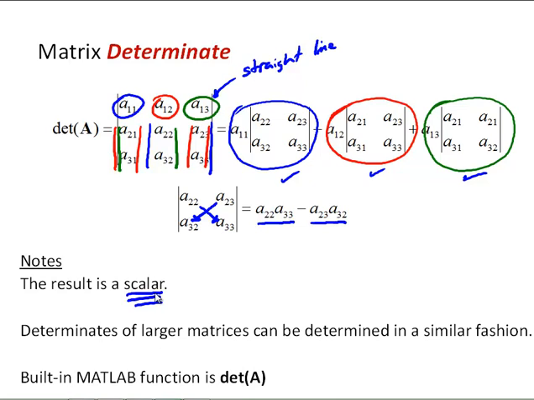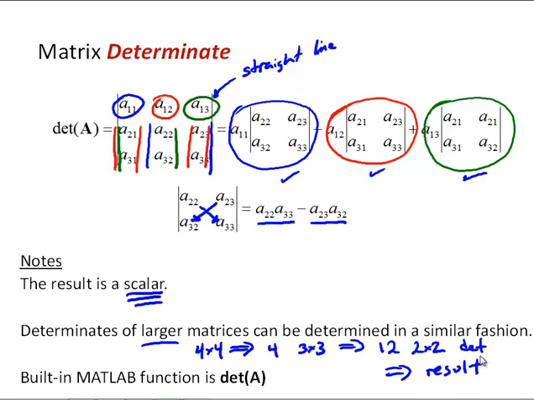And also note that the determinants of larger matrices can be determined in a similar fashion. So for example, for a 4 by 4, we would go to a linear combination of four 3 by 3 determinants, and each of those 3 by 3 determinants would give us three 2 by 2 determinants, so we'd have 12 2 by 2 determinants, and then we'd have our result.